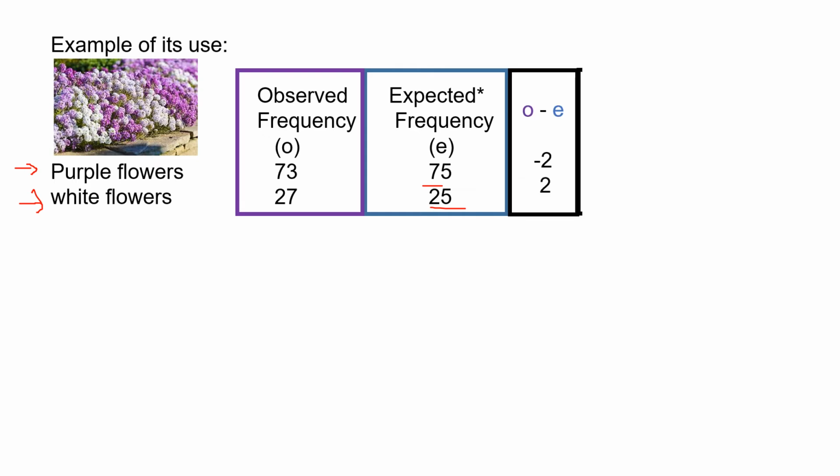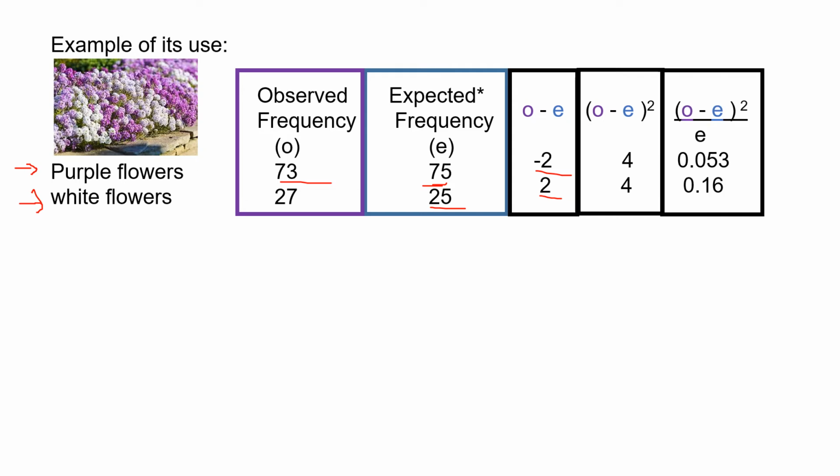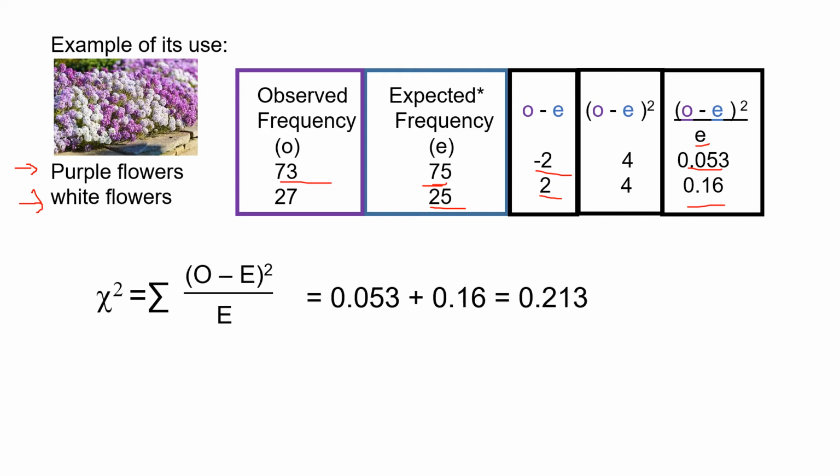Then you just have to subtract: if you subtract 75 from 73, you get -2, and here if you subtract 25 from 27, you get 2. Then you raise it to the power of 2, you get 4, and then you divide it by the expected value, so you get these two values. You can double check that in your exercise, and then you add these two values.